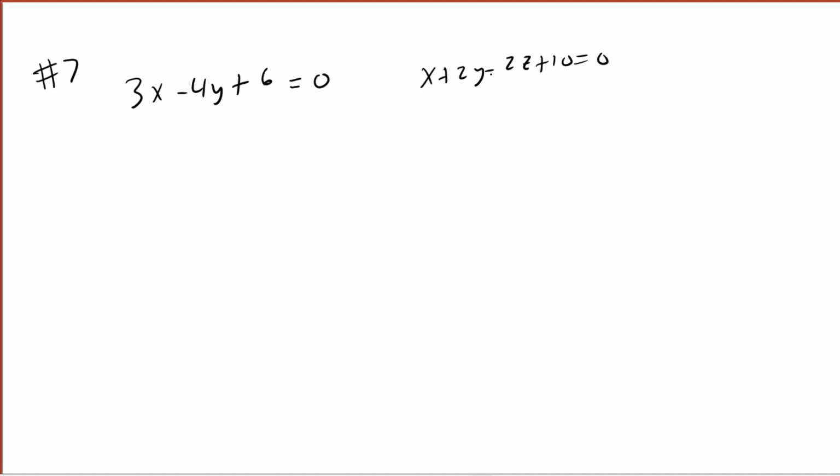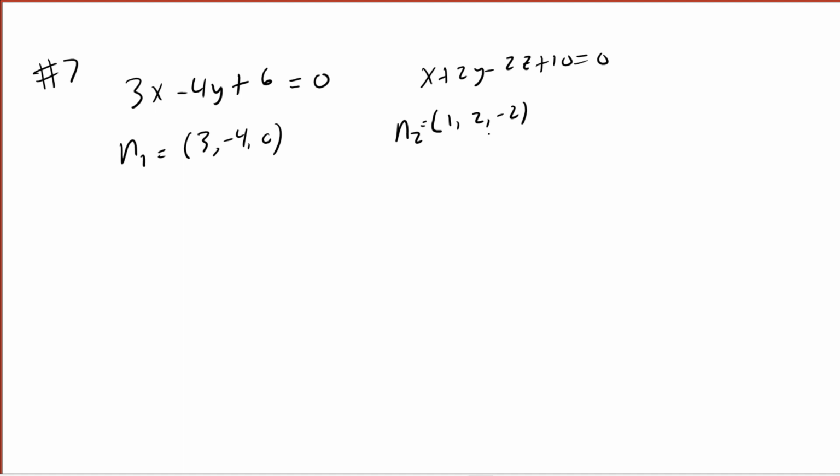That is, yes, a minus 2z. So in this one, n1, the normal for this plane, is 3, minus 4, 0. And in this one, n2 is going to be 1, 2, minus 2.